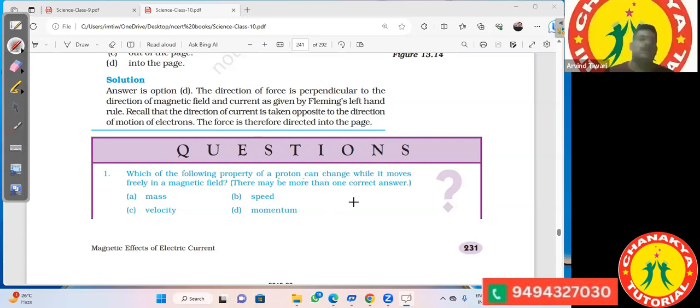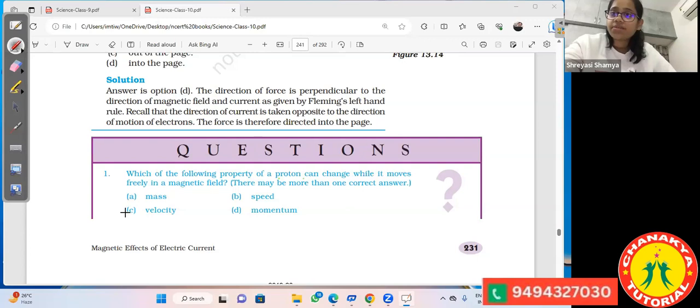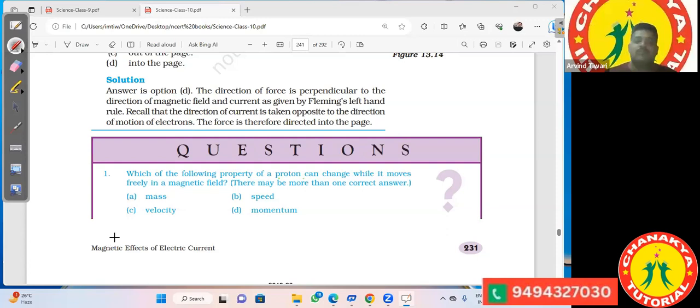And if there is an acceleration, then there is a change of velocity. So your velocity will change. And if velocity changes, momentum will also change, as the formula for momentum is mass into velocity. If the velocity is changing, momentum will also change.